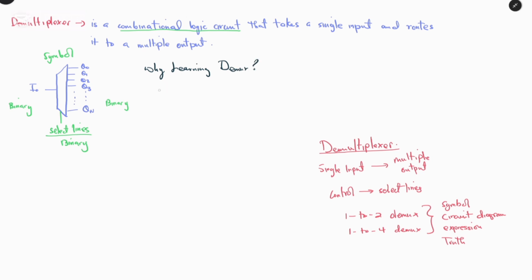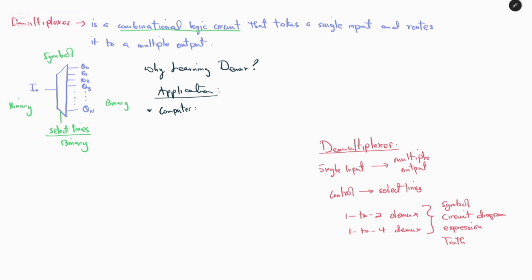Demultiplexers have some applications in which they are critical. By knowing the demultiplexer, we can apply it in real life applications, and most of the applications are in the computer. In a computer, we normally use a demultiplexer for storing the output of the arithmetic logic unit in multiple memory registers.